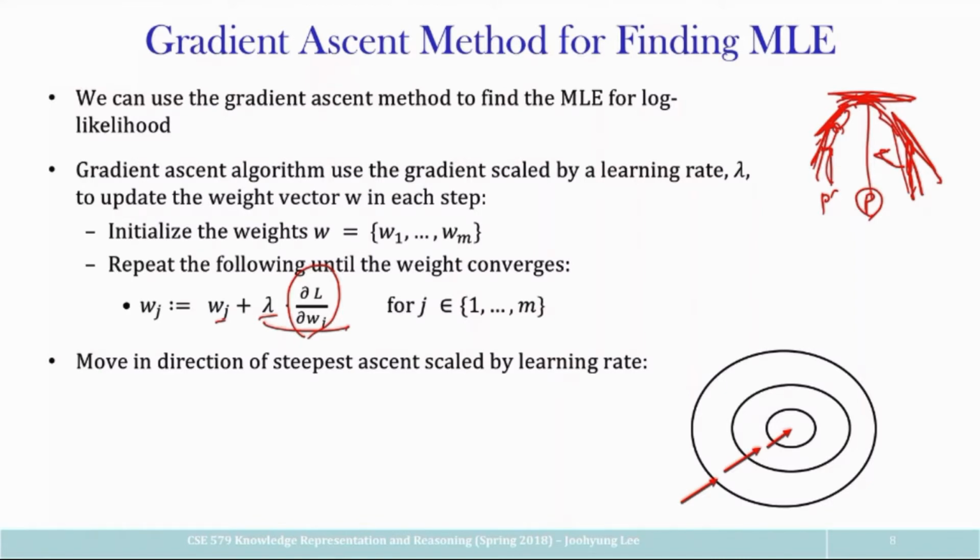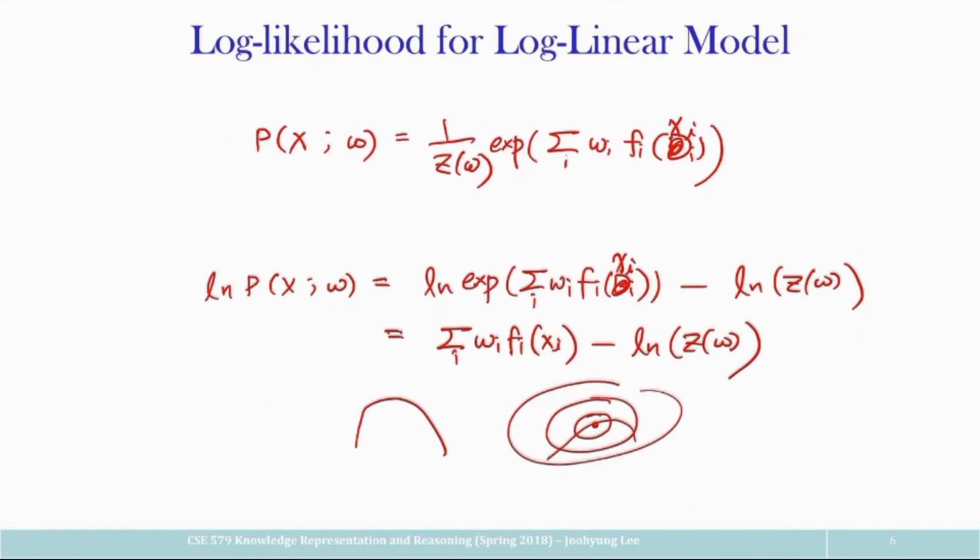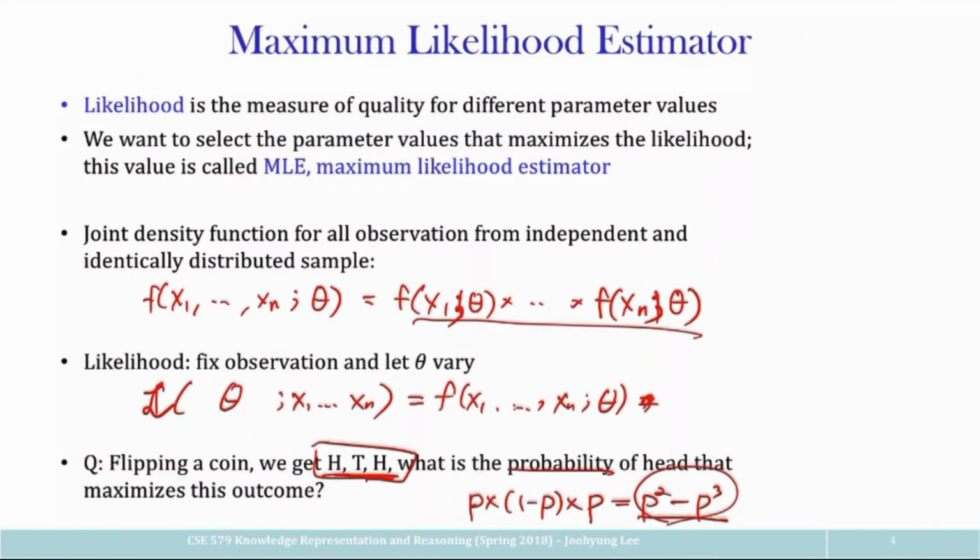Now this method works well for cases where we cannot simply find a closed form solution for the problem. So for instance, here when we talk about this question, we can quickly find the solution even without using the gradient ascent method. The derivative of this function is 2p minus 3p squared. And p equals 2 over 3 makes this derivative 0.